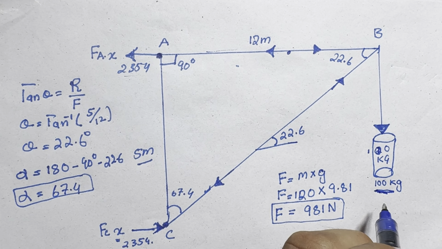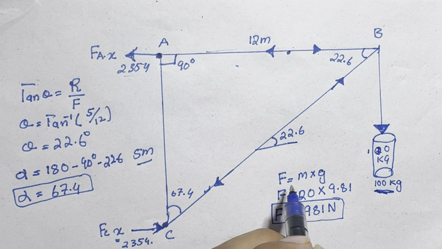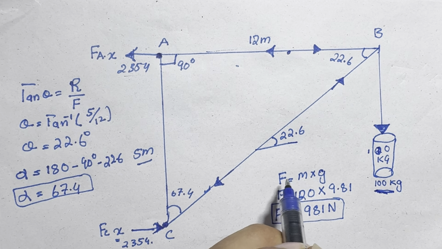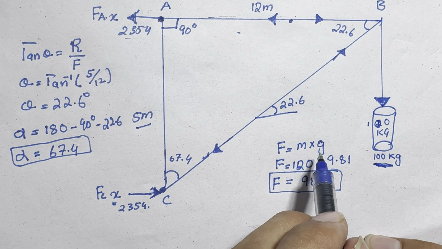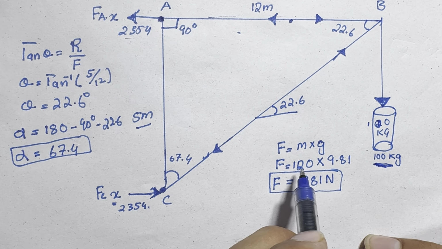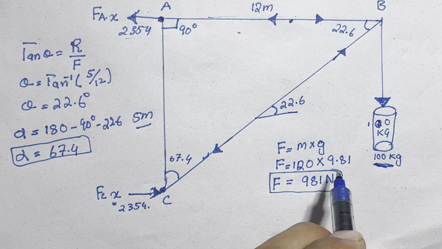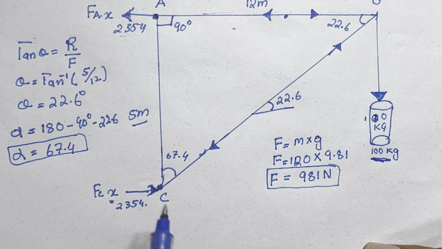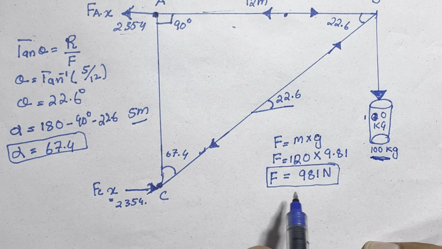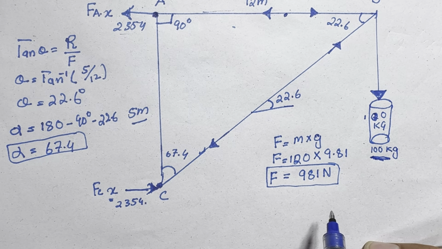This is weight, so if I convert it into force, F is equal to mg. We know that mass into gravity. Mass is 100 kg multiplied by 9.81, which is gravity. So F is equal to 981. Now the force exerted by this weight is 981 Newton.